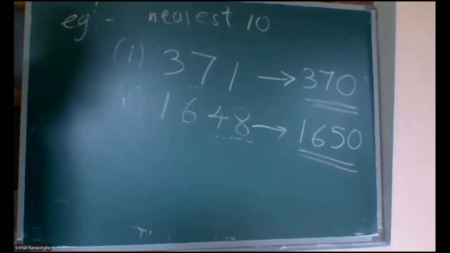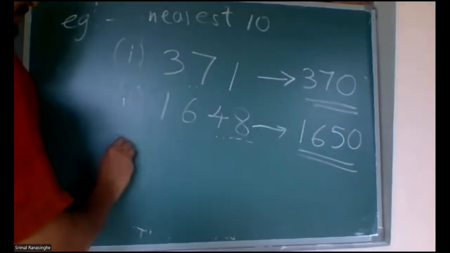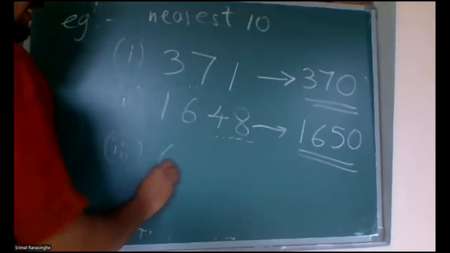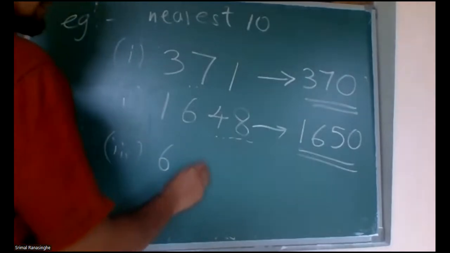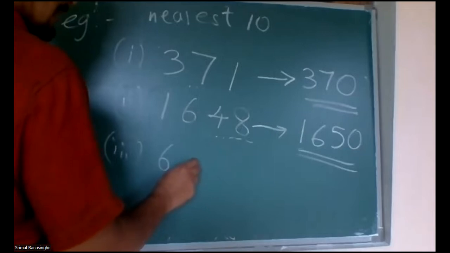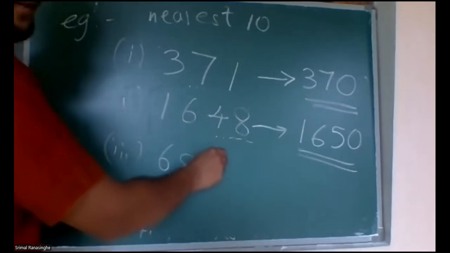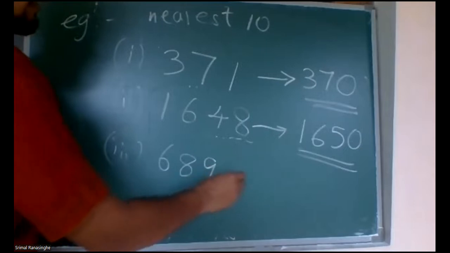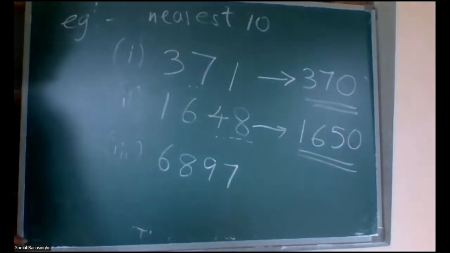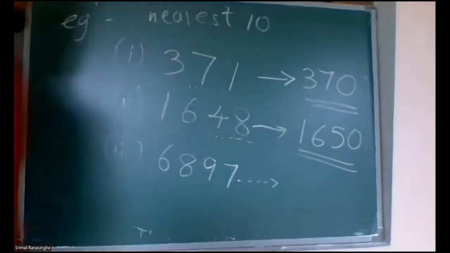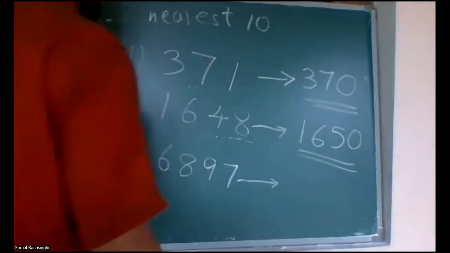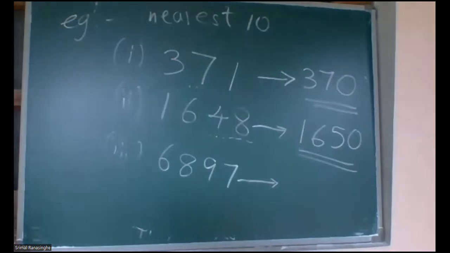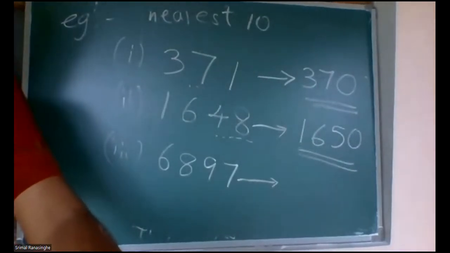Okay, sir. Right? Then go for the third number, 6,897. What is the answer? What is the nearest number? Someone tell me. 690.